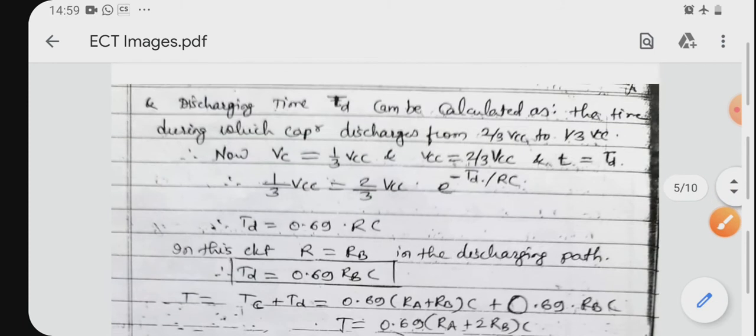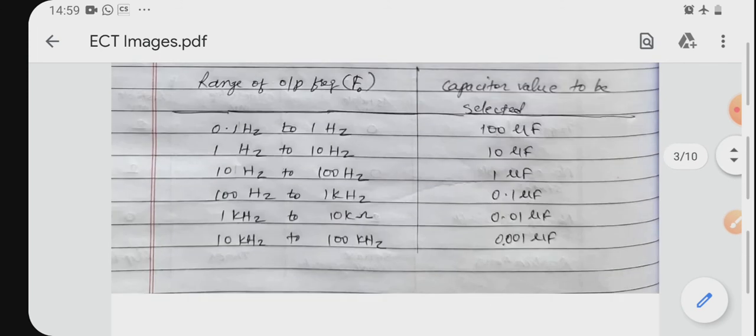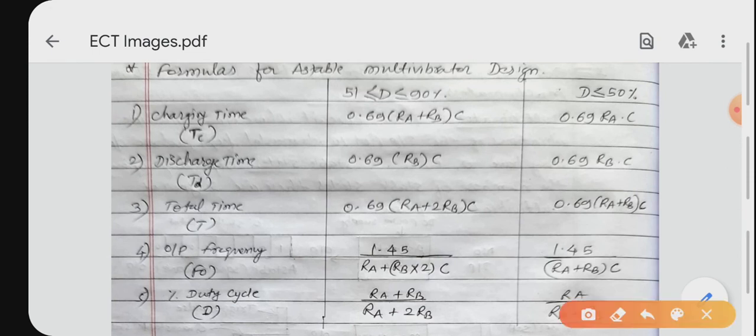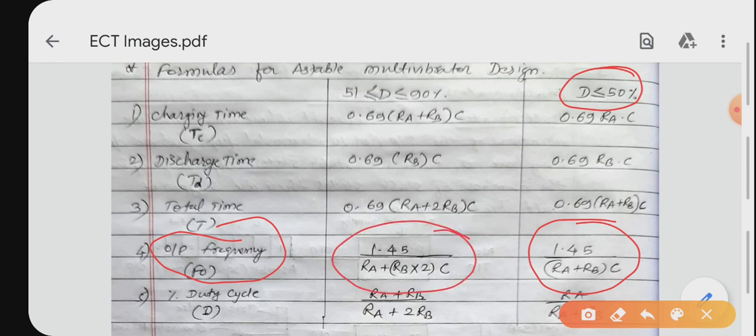From that formulas table, where the duty cycle is 50%, the output frequency formula is 1.45 divided by (RA plus RB) into C. If the duty cycle is not 50%, say it is 60%, you will have to choose the formula for 60%, or for a duty cycle between 51 to 90%.